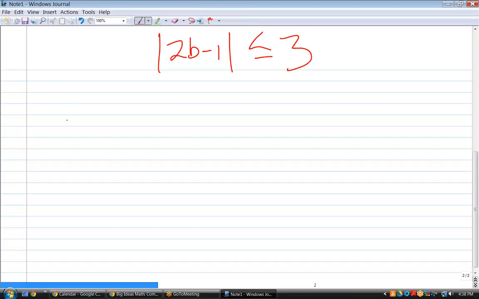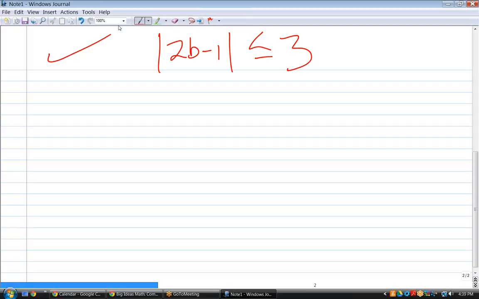So what's the first thing it means? Now, before I go any further, this is an absolute value equation with only one variable.